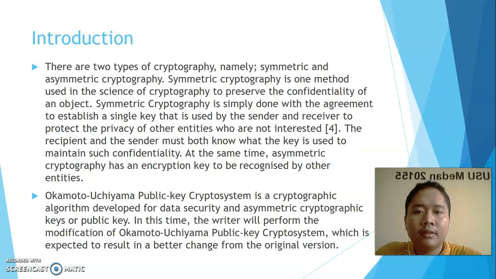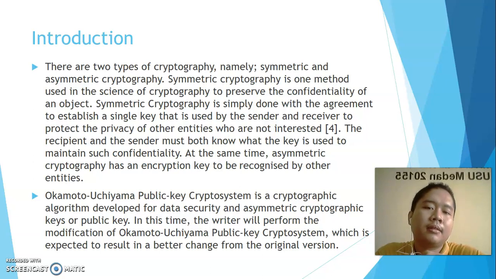In this next slide, we know that there are two kinds of cryptography: symmetric and asymmetric cryptography. In symmetric cryptography, there is one method that we use in the science of cryptography.